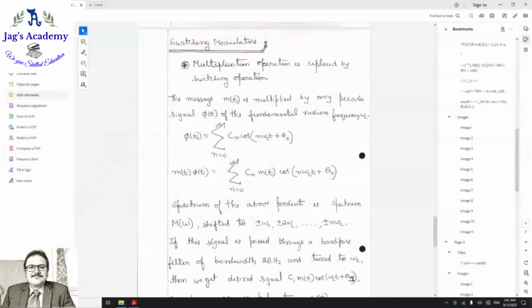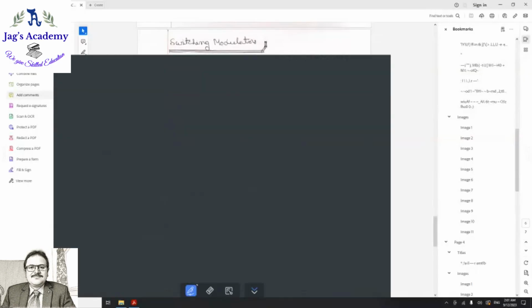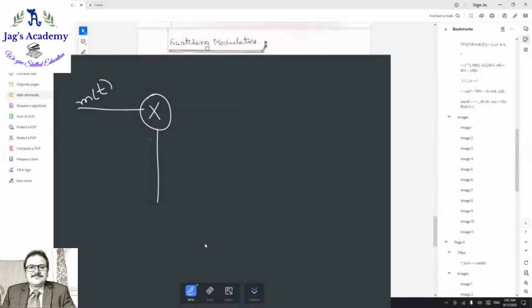So ultimately, you have to understand what exactly the basic concept is. Okay? See, I told you, you may be thinking that I am repeating this every time, but see what we are doing to generate a double sideband suppressed carrier wave.